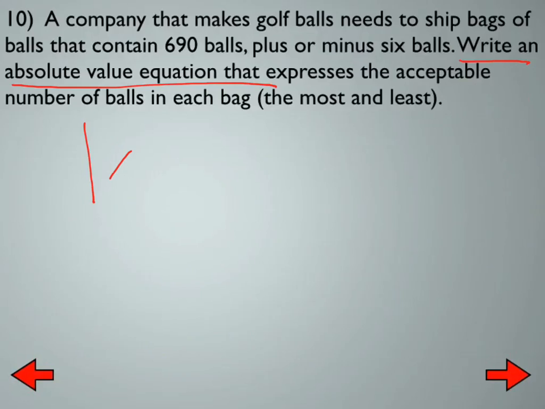What we're going to do is set up the absolute value equation to look like this. It's going to be the absolute value of x minus the desired point. It's kind of hard to read that, but that's what it should say.